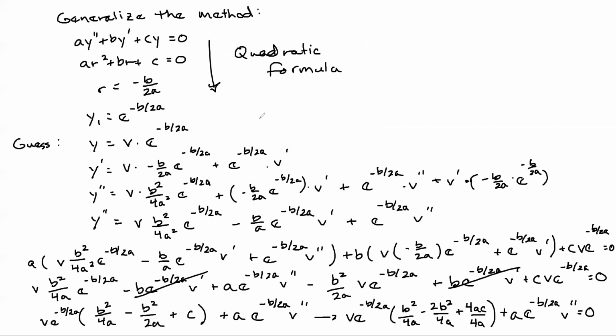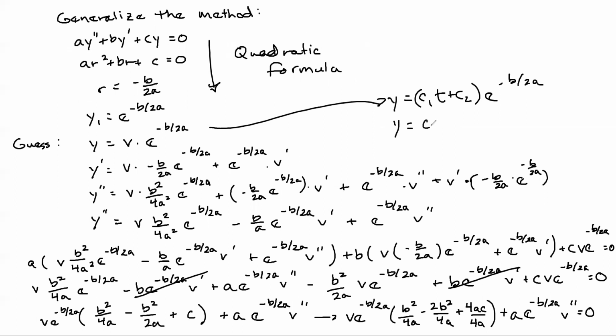So just pop that v in, and we'll get y equals c1 t plus c2 times e to the negative b over 2a, or y equals c1 t e to the negative b over 2a plus c2 e to the negative b over 2a. And that's our solution. And that's the same thing that we got last time.